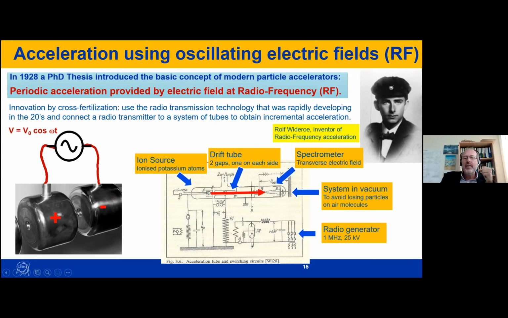The great idea of Wideröe was to connect a radio generator, a radio transmitter. In the 20s, this was the start of radio. He was a radio amateur, and he had a generator from a radio station, and he connected this to the tubes, and he invented the first radio frequency particle accelerator.